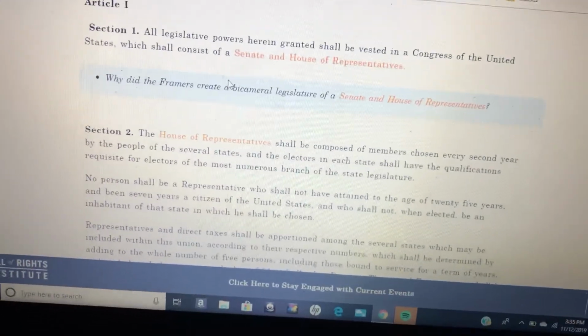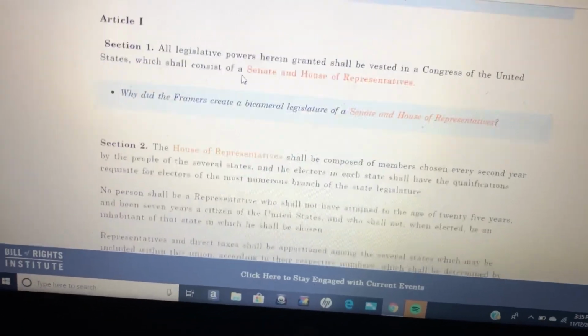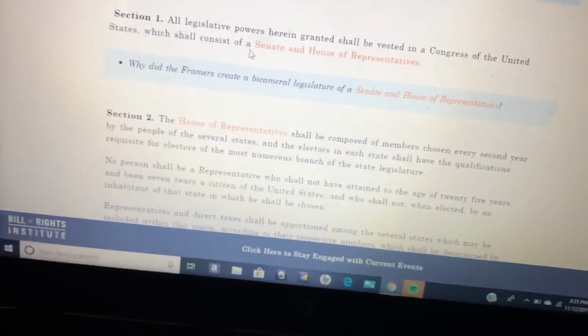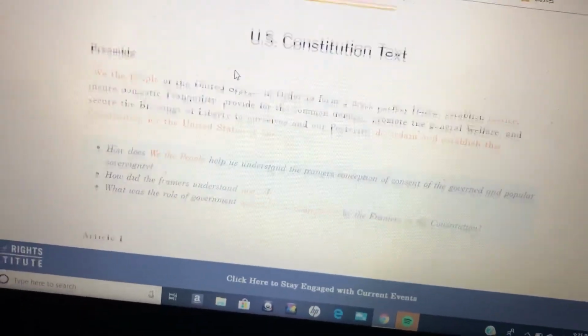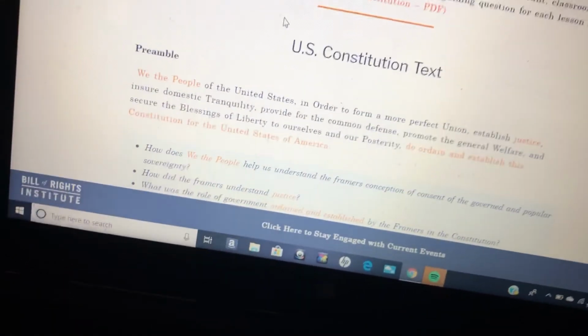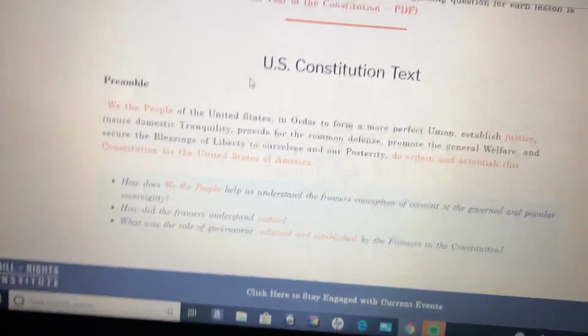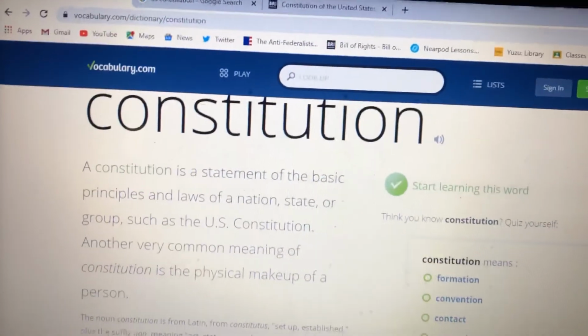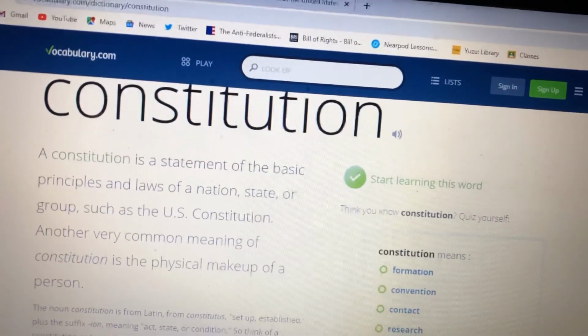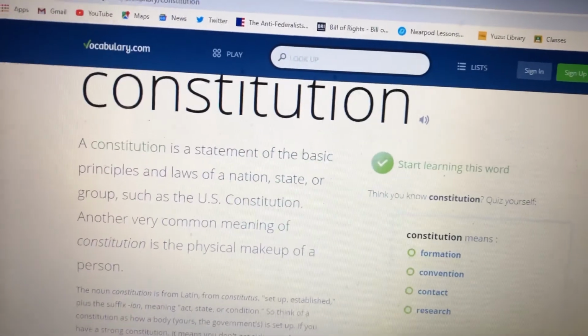Here again are the first couple of amendments. This is essentially giving power to Congress. This is the Constitution text, and again, this is Constitution. Again, we will reiterate how to say it. Constitution.